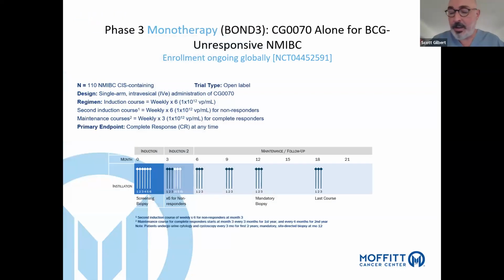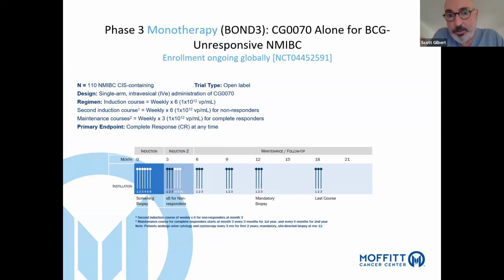A final agent to talk about in the closing minutes is CG0070. We studied this in combination at Moffitt with pembrolizumab, so a systemic infusion performed in conjunction with the oncolytic virus instillation into the bladder as intravesical therapy.